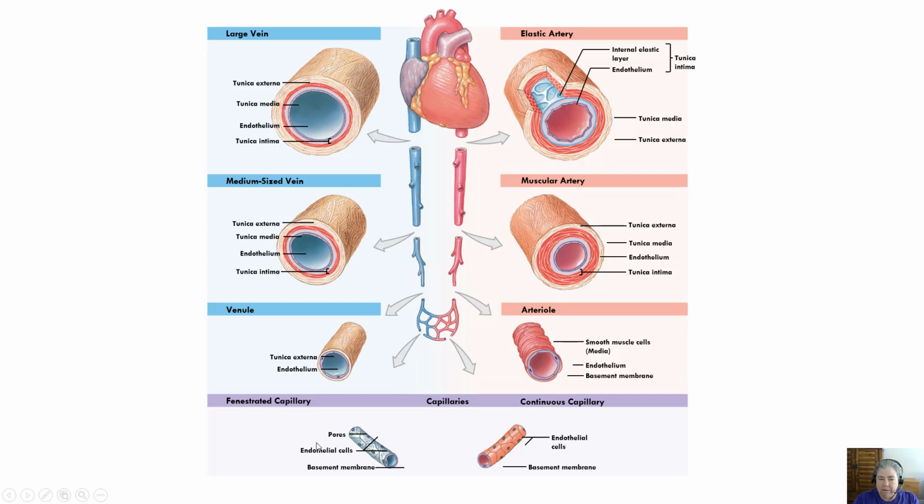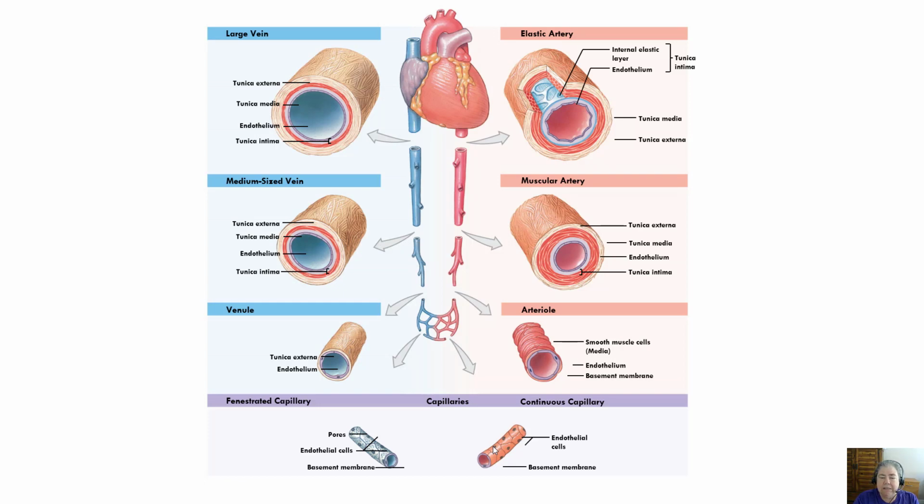The capillary bed consists of vessels that are a single cell thick, meaning that the only layer that's left when you get to the capillaries are the endothelial cells. They are surrounded by a structure called basement membrane, which is not cellular.